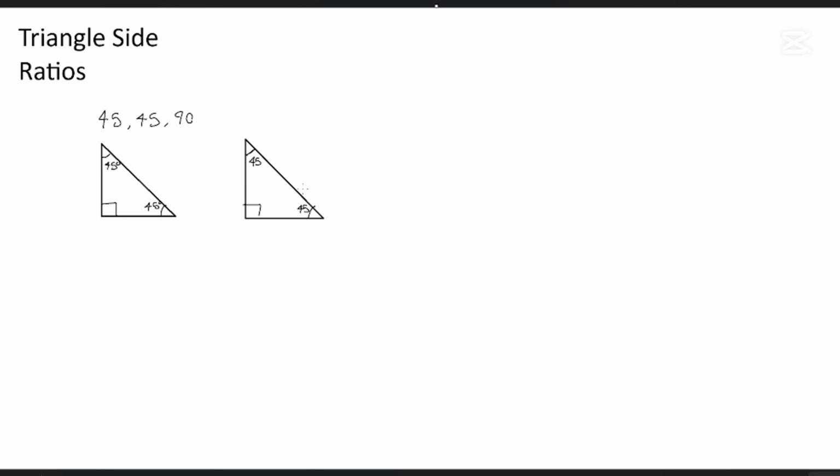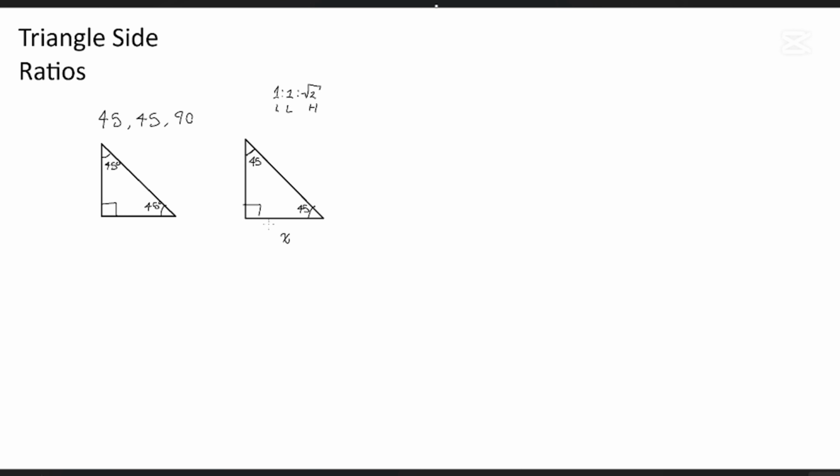And let's say this is side X. According to the rules of the 45, 45, 90 triangle, the two legs are the same distance, and the hypotenuse is that distance times the square root of 2. So if you were to make this into a ratio, you would say a 1, 1, root 2 difference here. This is our ratio between all three sides. So this is a leg, that's a leg, and this is the hypotenuse.